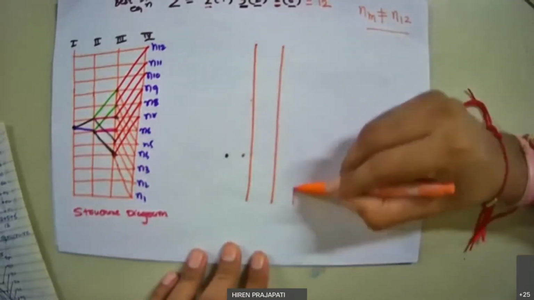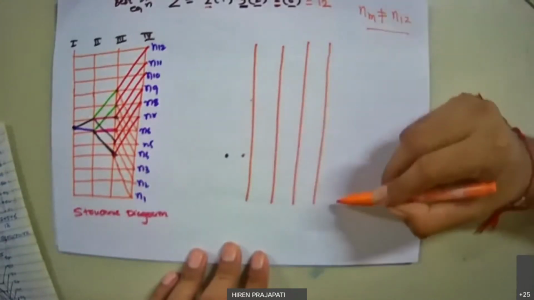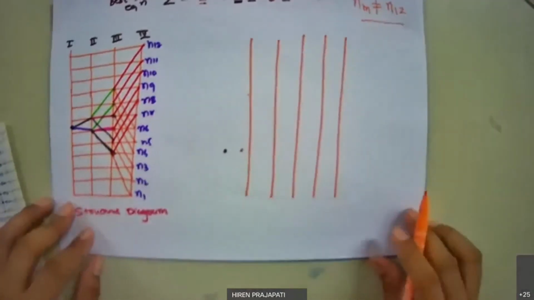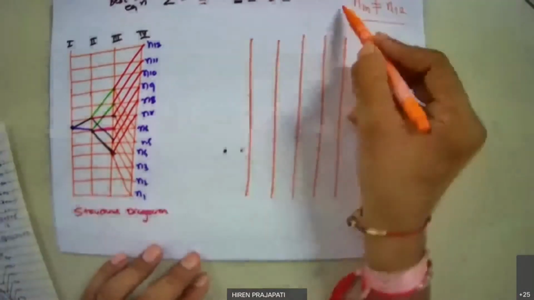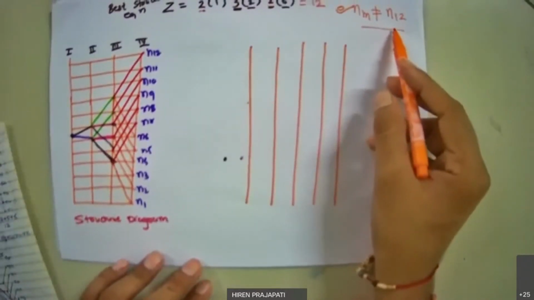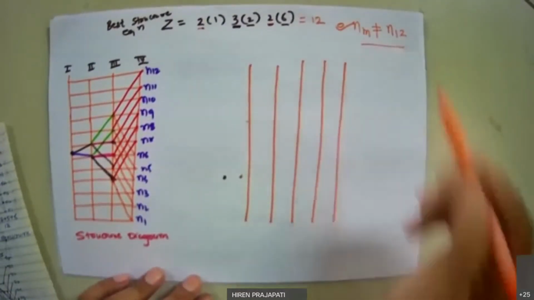2, 3, 4 and 5, right? Now how many horizontal lines? Due to this condition I need to draw one additional horizontal line which indicates the speed of the motor, right?